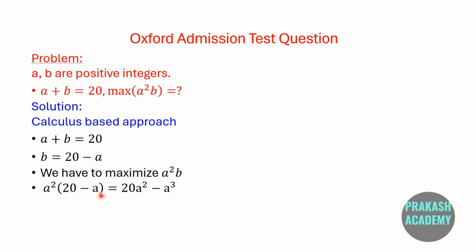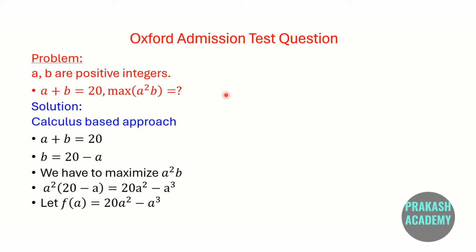Now let us expand this. So this becomes a squared times 20, that is 20a squared, and a squared times minus a, that is minus a cubed. So 20a squared minus a cubed, this is my function. Let's call this function f(a) because this has only one variable and this variable is a.